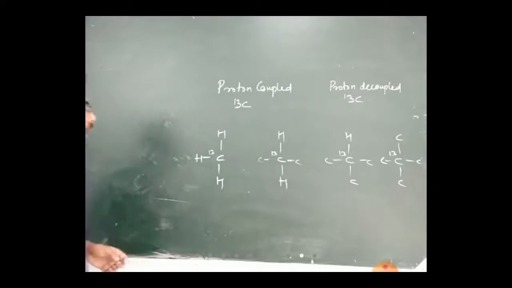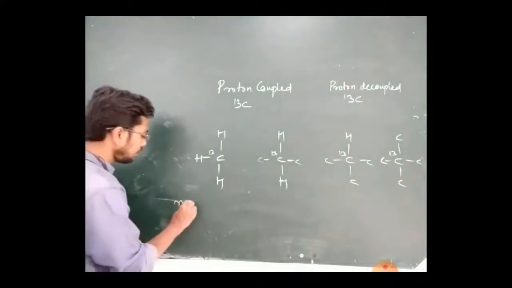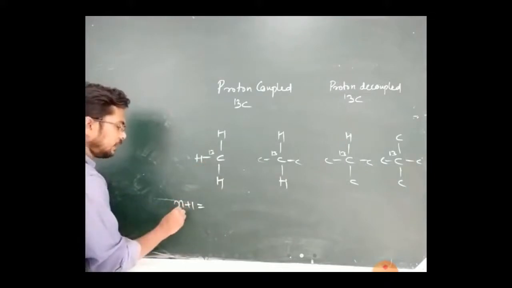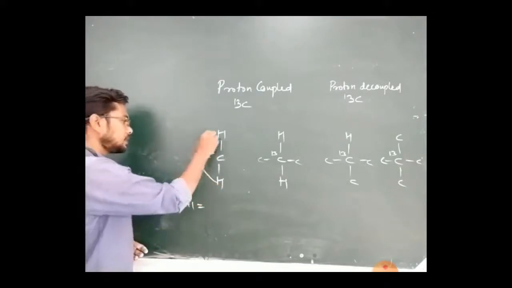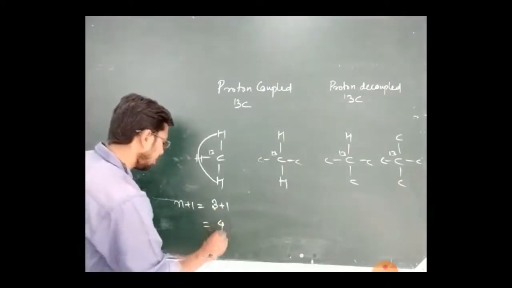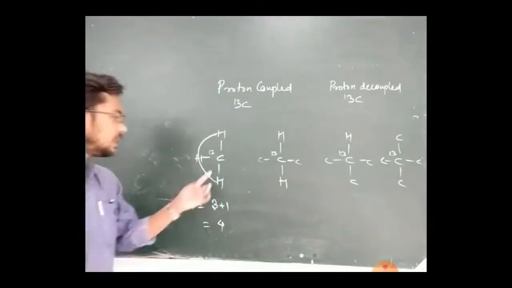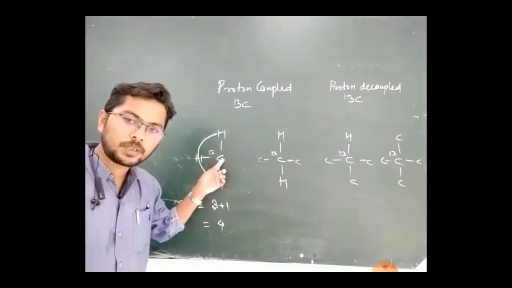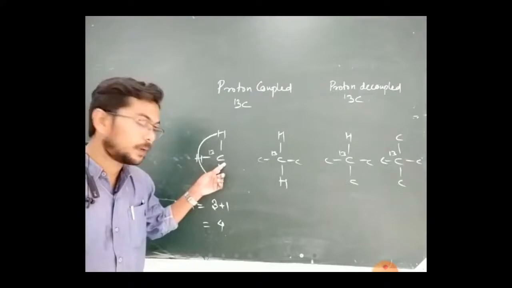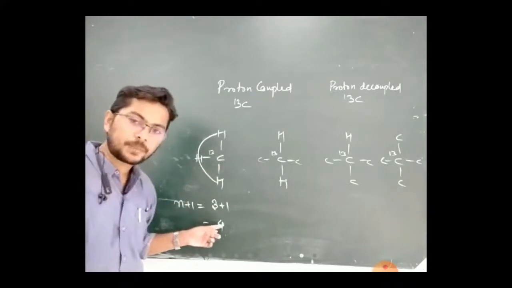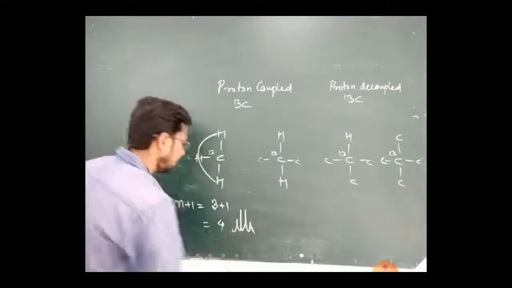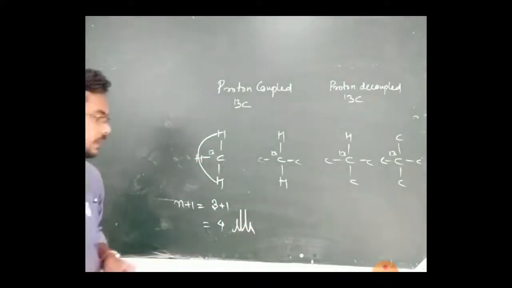Now, if we take the n+1 rule, for this carbon atom n will be the number of hydrogen atoms, so this is 3 plus 1, which is 4. So the 13C peak is split into 4 peaks, and it will appear as a quartet in your 13C NMR spectrum.